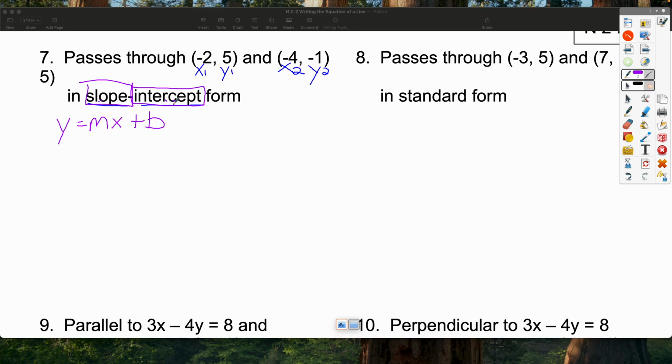We can get our slope by doing our formula: y2 minus y1 over x2 minus x1. That's how we solve for our slope. So go ahead and plug your y2 and y1 and your x2 and x1 into this formula right here. Plug that in, do the math and simplify it. Calculate your slope.